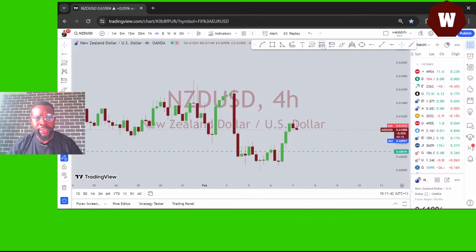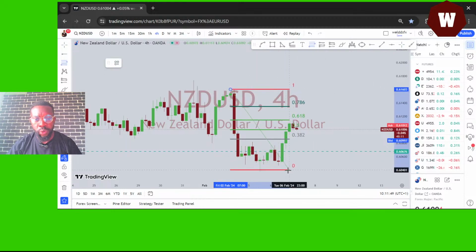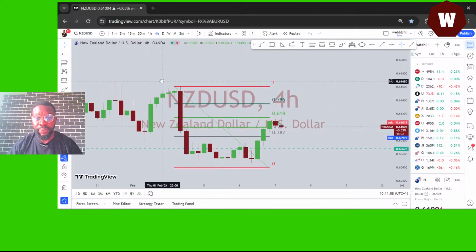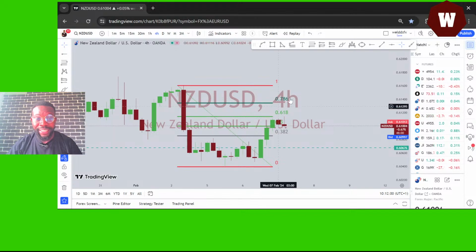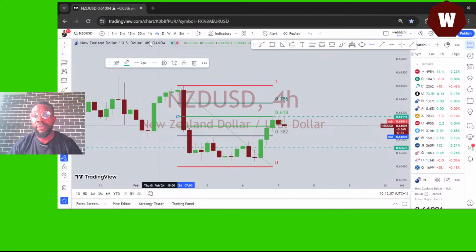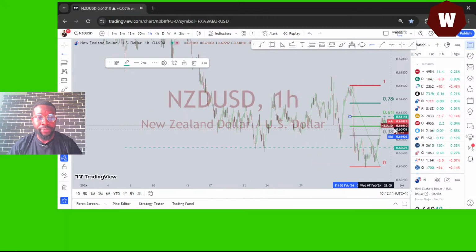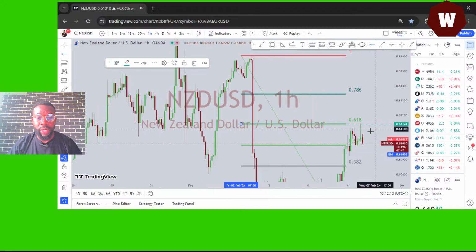If you take Fibonacci retracement from this high to this low, that is on the 4-hour time frame, you can see that this market already broke the 61. It touched the 61.8 level. So let's go to a lower time frame, like the 1 hour. So we are here on the 1 hour time frame.